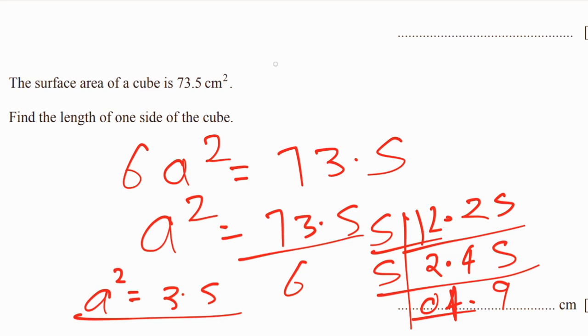So the side of the cube is 3.5 centimeters. Now find the length of the other one. Okay, done. So this is our answer.